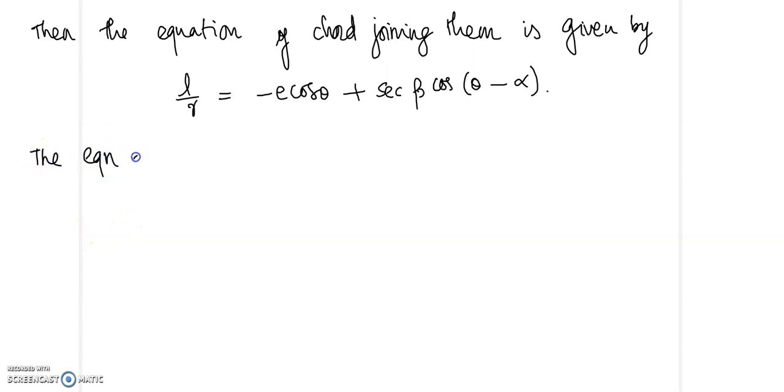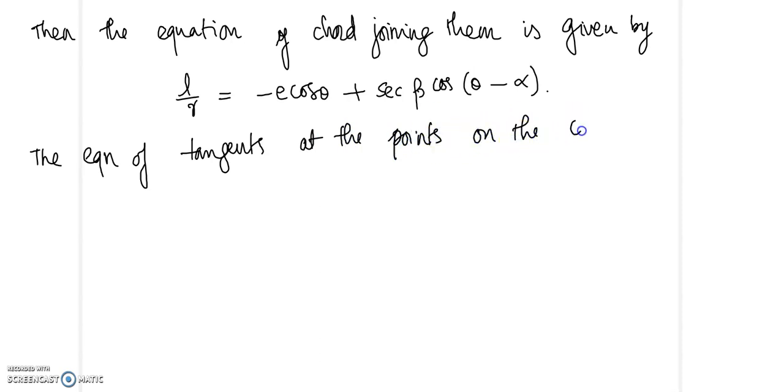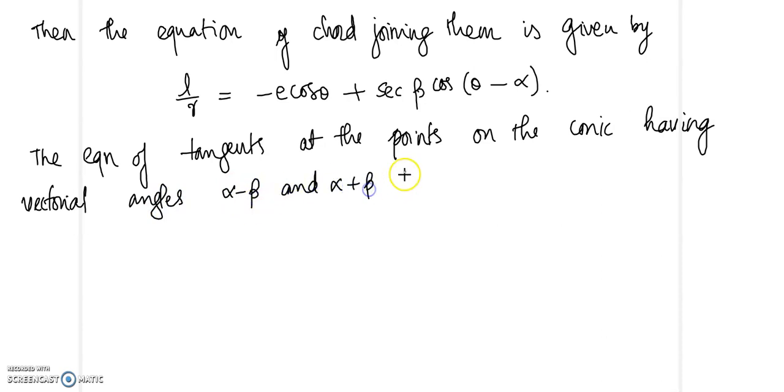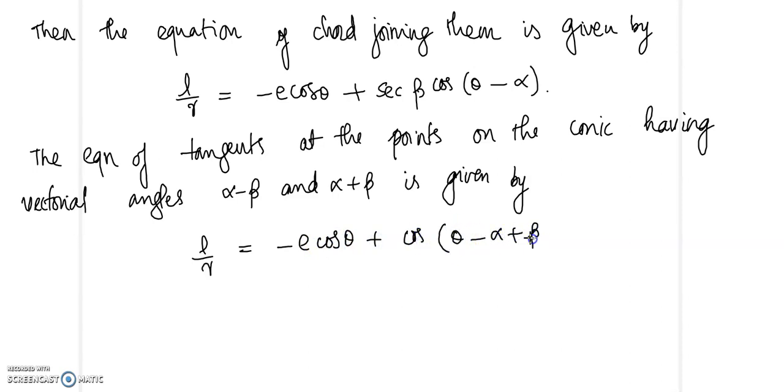The equation of the tangents at the points on the conic having vectorial angles alpha minus beta and alpha plus beta is given by l by r equal to minus e cos theta plus cos theta minus alpha plus beta, and l by r equal to minus e cos theta plus cos theta minus alpha minus beta.